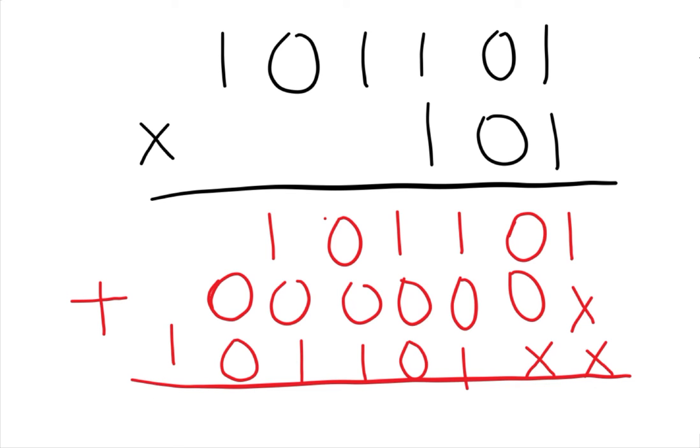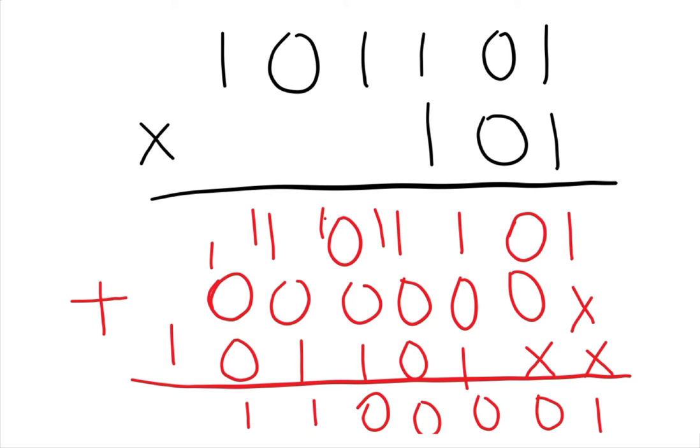So we have 1, 0. 1 plus 1 is 0 and carry 1. 1 plus 1 is 0 and carry 1. 1 plus 1 is 0 and carry 1. 1 plus 1 plus 1 is 1 and carry 1. 1 plus 0 is 1.